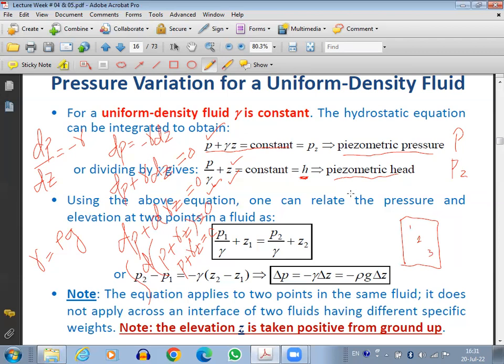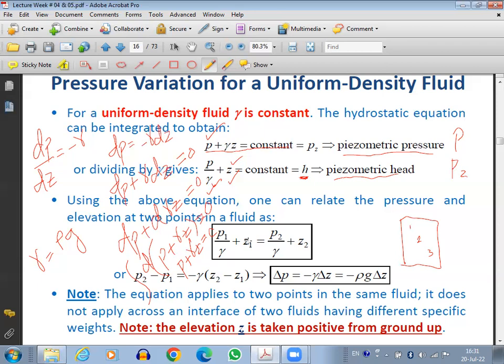Is it clear? So P1 upon gamma plus Z1 will be equal to P2 upon gamma plus Z2. The only condition is that it should be a continuous fluid, and it should be static. We're talking about the static fluid, not the fluid in motion right now. For a static fluid, the piezometric head inside the entire fluid would be the same, whether you take the fluid material from the top, somewhere in the middle, or somewhere at the bottom.